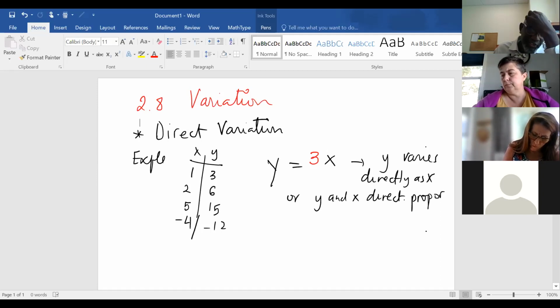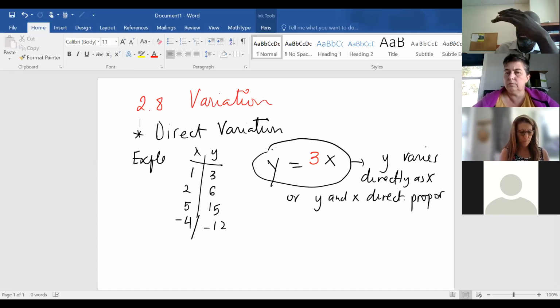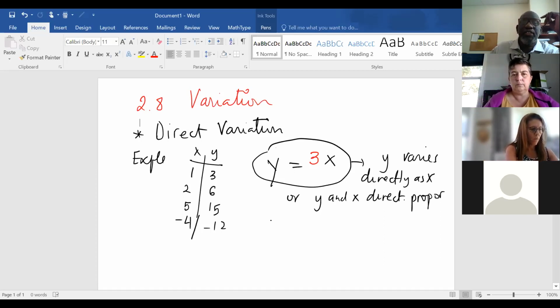And what that means is the two variables grow the same way. If one of them increases, the other one will increase the same way. If one of them decreases, the other one will decrease the same way, right? So if one of them doubles, the other one will double. Okay, so that is a direct variation.